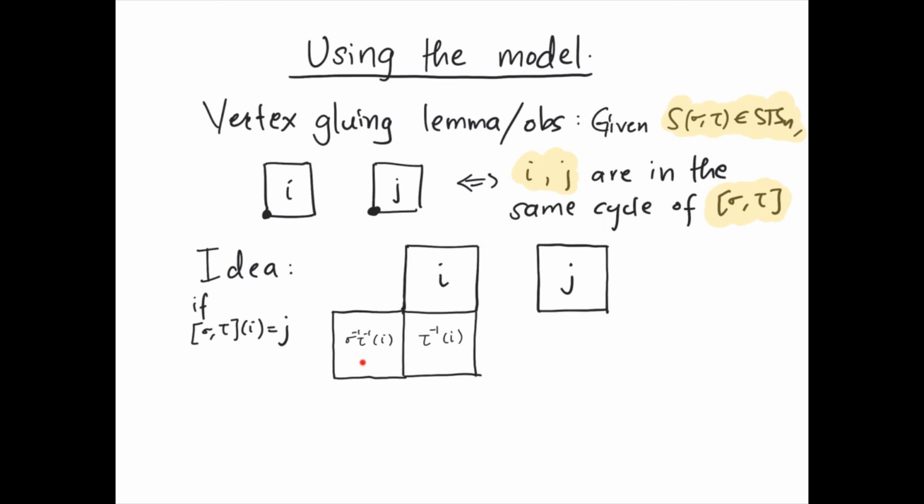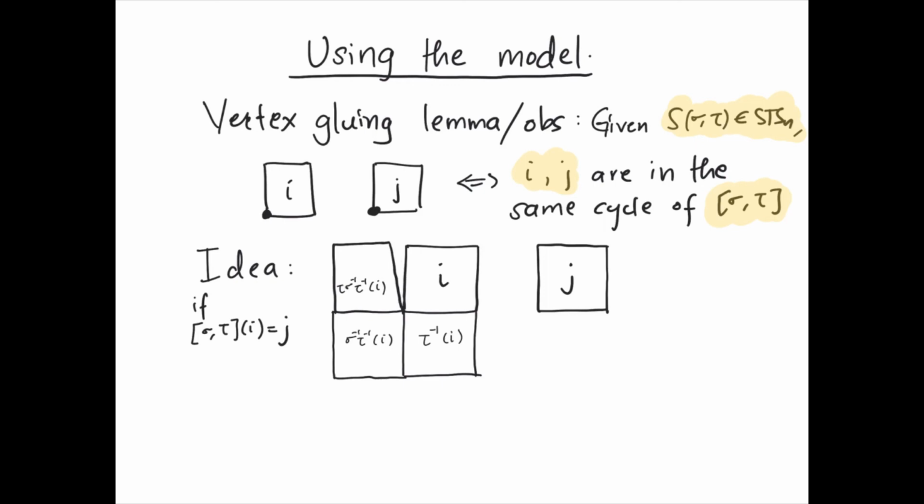Then we have sigma inverse tau inverse of i glued to the left of that. Subsequently, tau sigma inverse tau inverse of i is glued to the top of sigma inverse tau inverse of i.